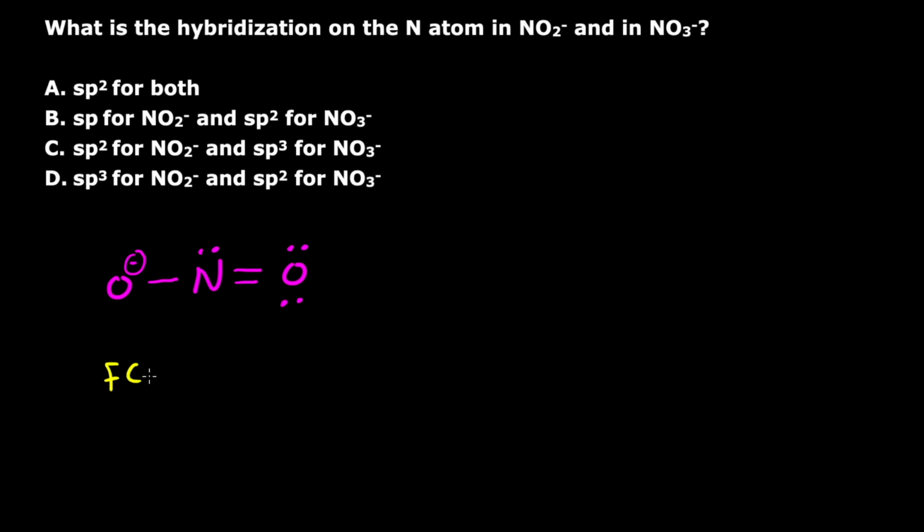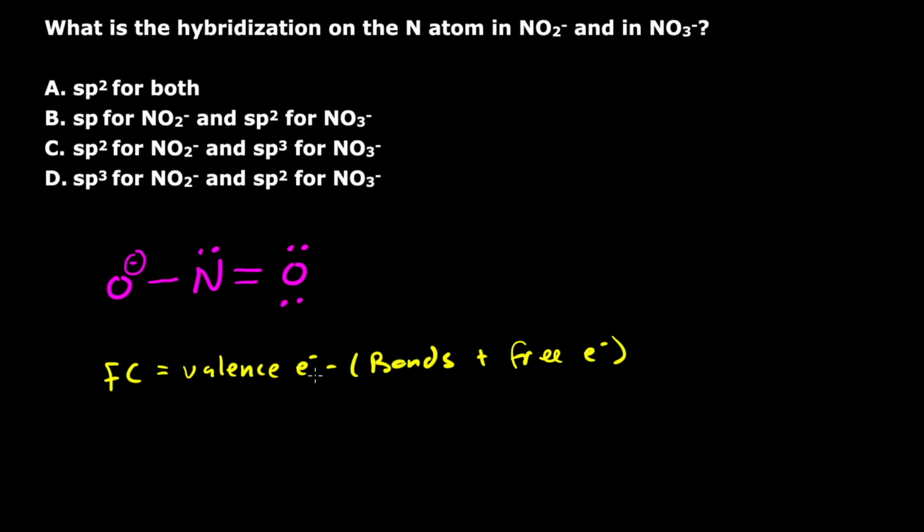The formal charge is going to be equal to the number of valence electrons minus how many bonds I formed plus the number of free electrons. And free electrons, that's just basically how many dots there are around a particular atom. It represents the valence electrons that are not bonded to anything.